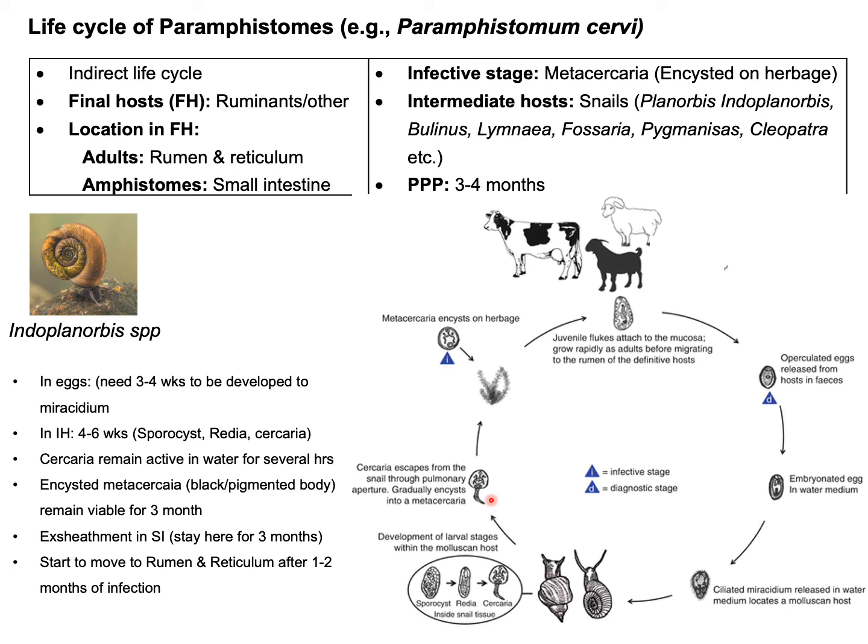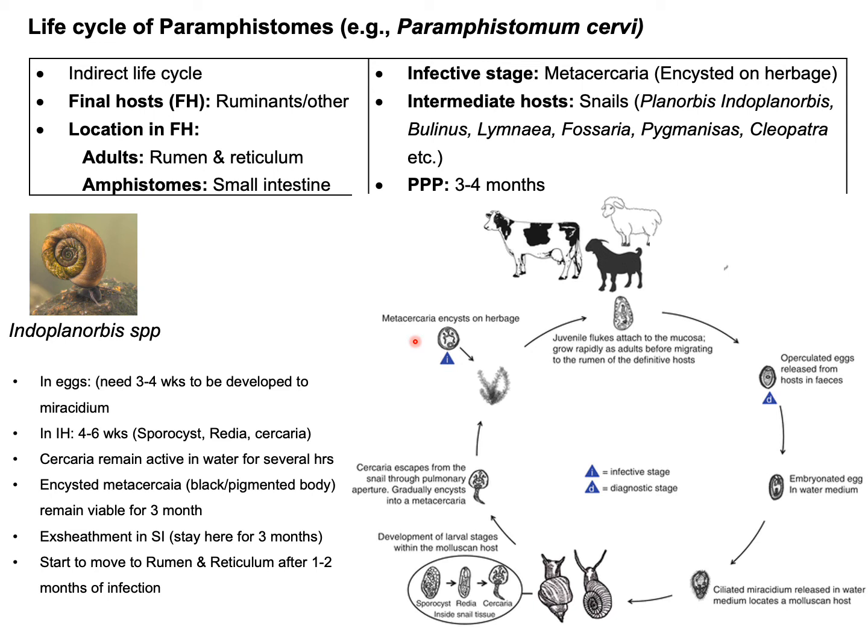And after the last stage, that is cercaria, will leave the snail host, they will be in the water body, but they will remain here for a certain time, that is around several hours. And within the several hours, they will need to be encysted on herbage or any kind of objects. And after the encystation, that is encysted metacercaria, that is considered as the infective stage.